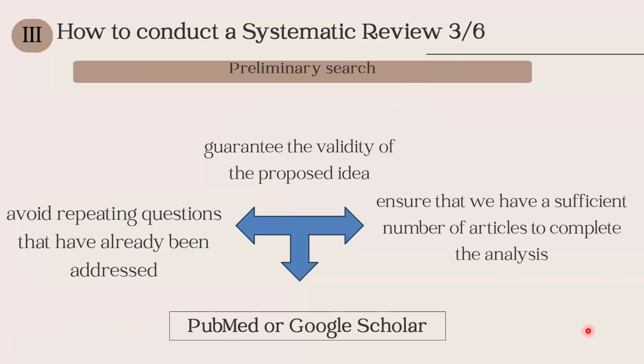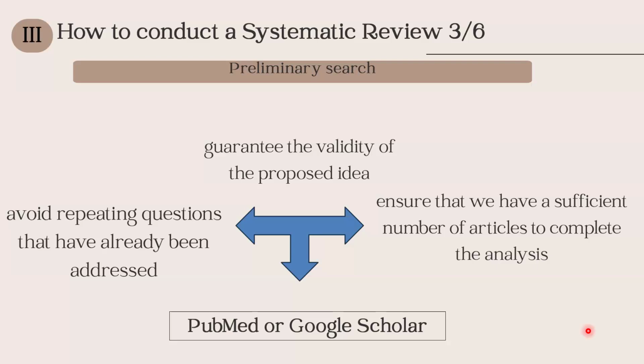After the research question, we recommend a preliminary search to guarantee the validity of the proposed idea, to avoid repeating questions that have already been addressed, and to ensure that we have a sufficient number of articles to complete the analysis.